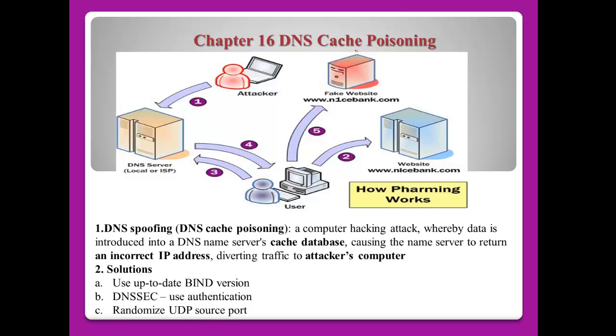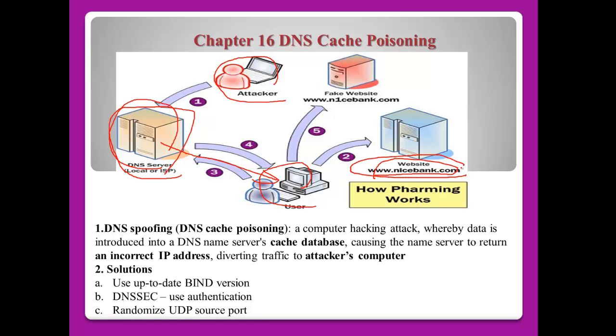Chapter 16, DNS Cache Poisoning. This cache poisoning looks very simple to understand. For example, I'm using this DNS server, and this is the computer as a user. Normally, I get the DNS information from this name server, for example for nicebank.com. But an attacker poisons the DNS cache of this DNS server for this website.